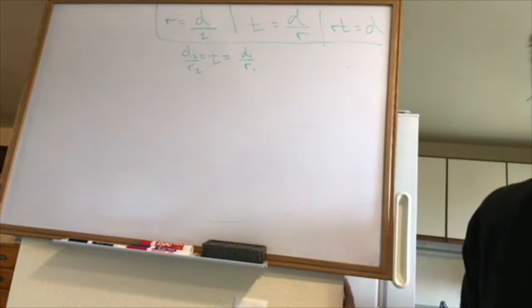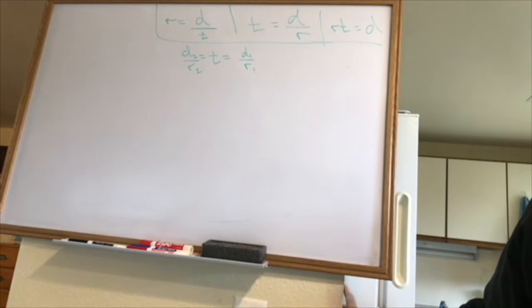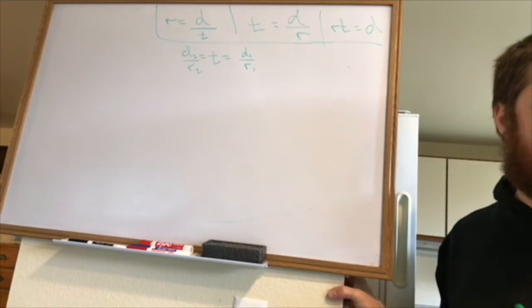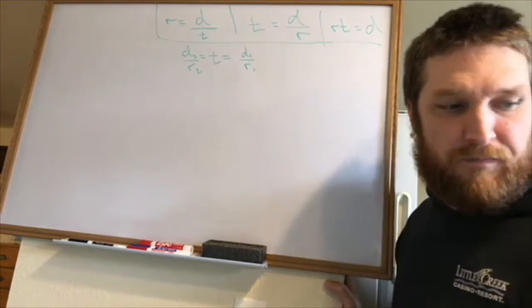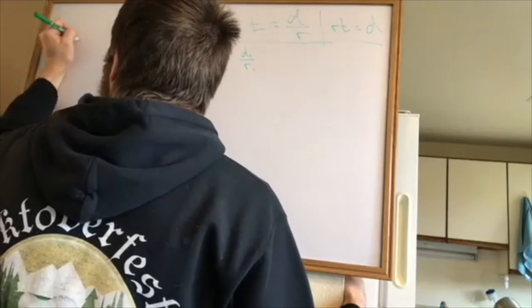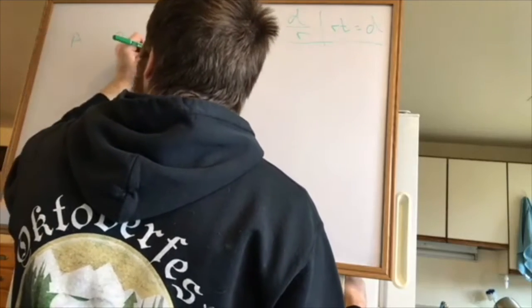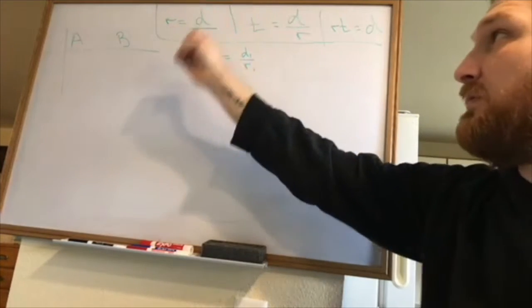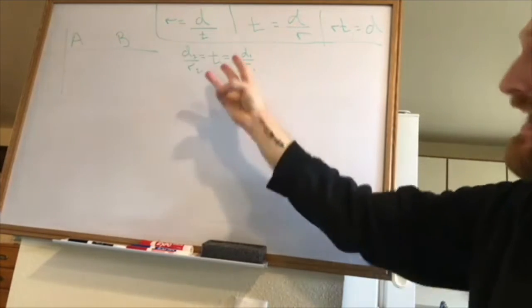So let's get some info down. The same time that it takes train B to travel that far. What I'm going to do with these, and what I suggest to do with most of these types of problems, is make a table. Here's for train A, here's for train B. Remember, each one of these involves 3 variables: a rate, a distance, and a time.